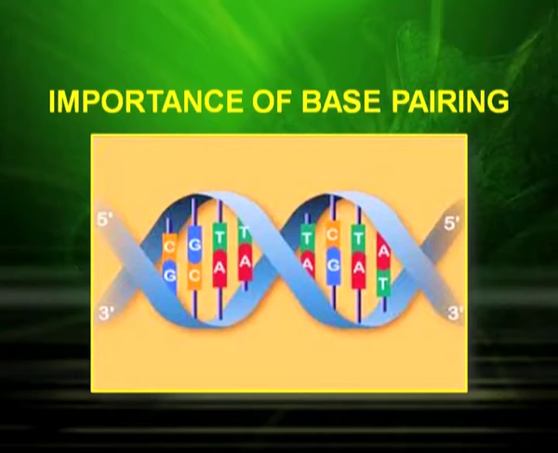As we know, C always pairs with G and A always pairs with T. So, if one strand contains A, G, C, then because of base pairing we will be able to predict the nitrogenous bases of the other strand.